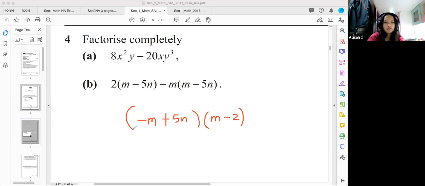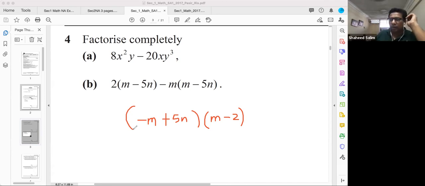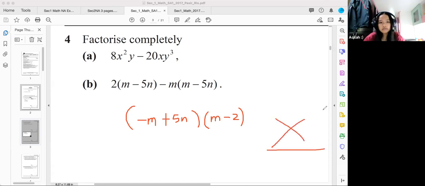Then I put all the m's, m and then n. So I put negative m squared plus 5mn plus 2m minus 10n. And then you did the cross like that, is it? Yeah.